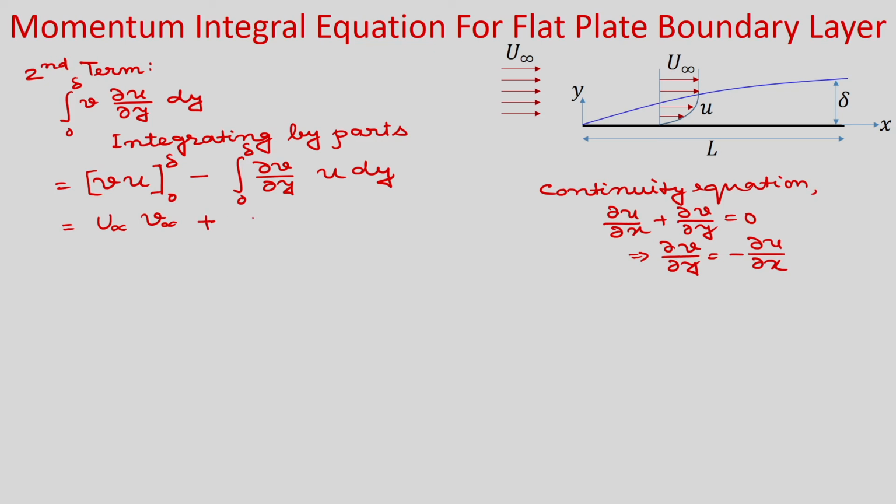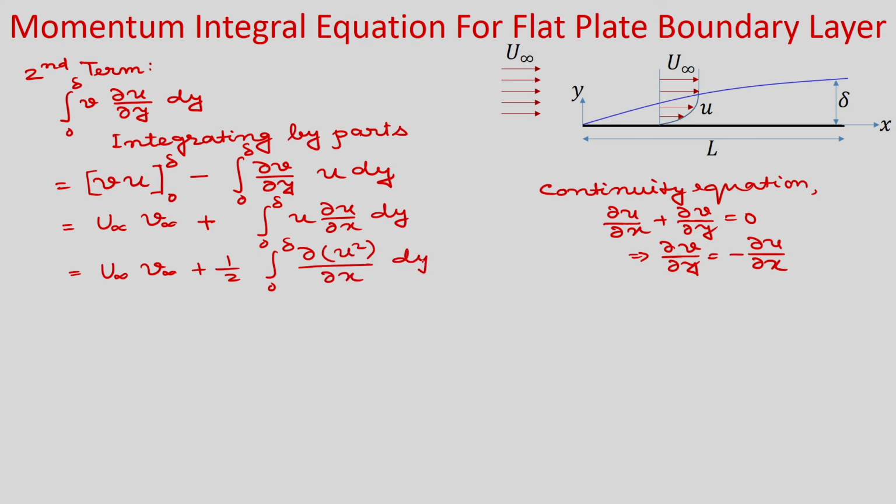So, we will write plus integral 0 to delta u ∂u/∂x dy. Okay. So, this we can write u infinity v infinity and this again we will write as half integral 0 to delta ∂/∂x, so this u we are going to take inside this derivative. So, it will be u² ∂x dy.